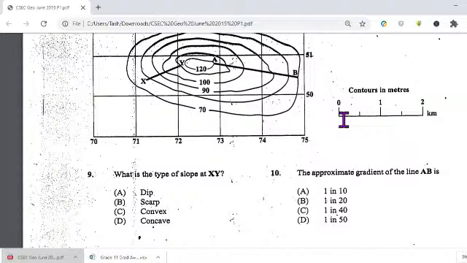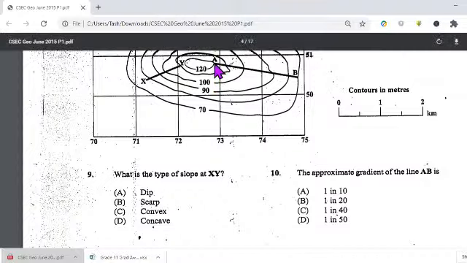Let me just calculate it right now. It is actually going to be C. Your answer is 1 in 40. When you measure from A to B here and you place it along here, you would have gotten 2 kilometers.